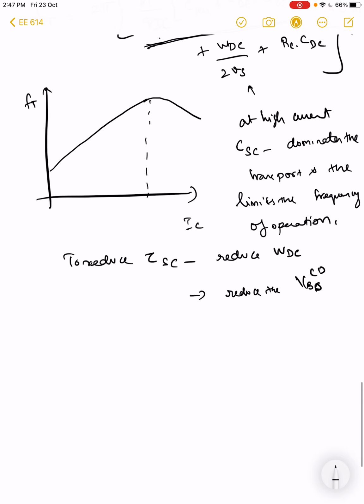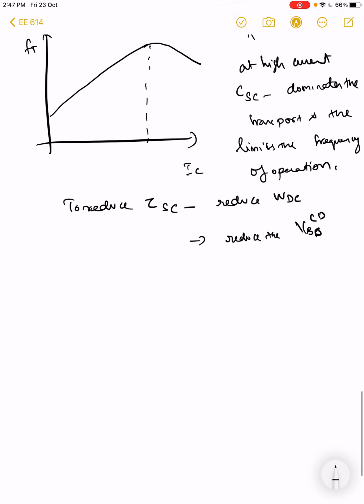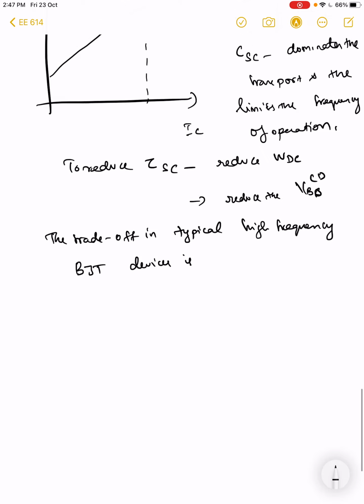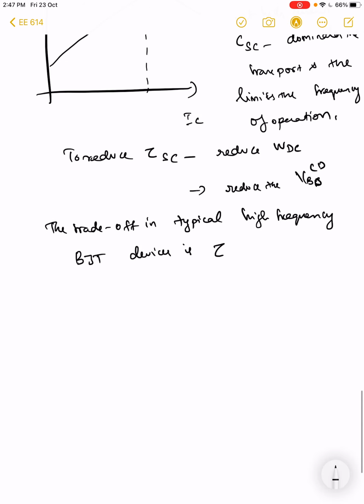So in typical high frequency BJT devices, you always have a trade-off between tau SC and V breakdown. So the FT and breakdown trade-off is significant.